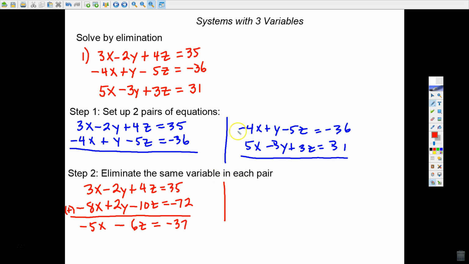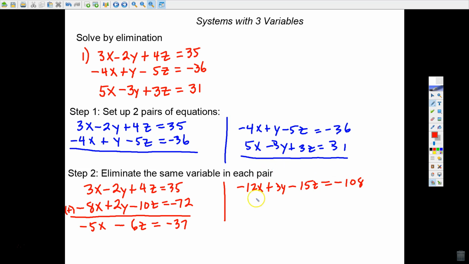Okay, same idea over here. We've got to eliminate y, but a little different way of doing it. This time we're going to multiply by 3 across the top, and then we'll add to eliminate y. So the top equation times 3, negative 12x plus 3y minus 15z is negative 108.